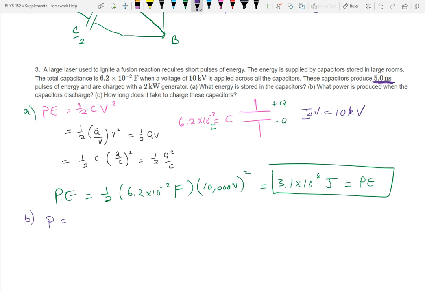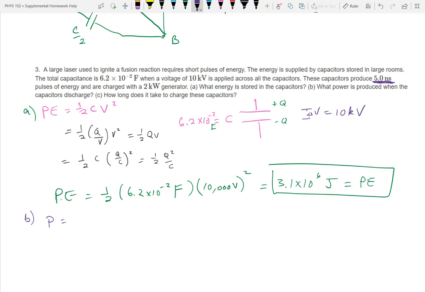Think back first semester. What is power? Power is like work times distance. No. You're thinking in the right arena. Power is the rate at which work is done, or the rate at which energy is converted.